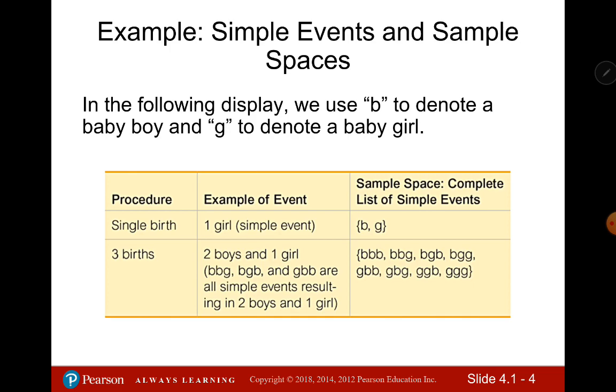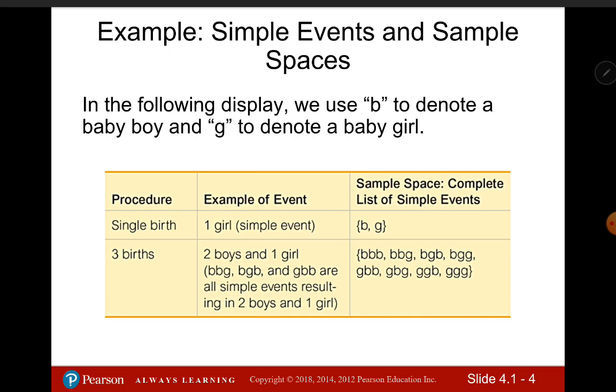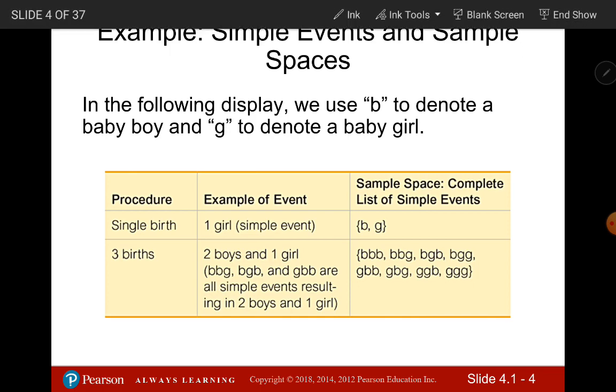So that's all the possible outcomes for this procedure, single birth. So we list all the possible outcomes, and these two outcomes should be simple events. One boy or one girl, they are simple events. So that's why B, G is our sample space. This one is easy, right?